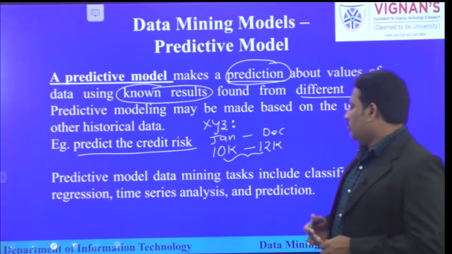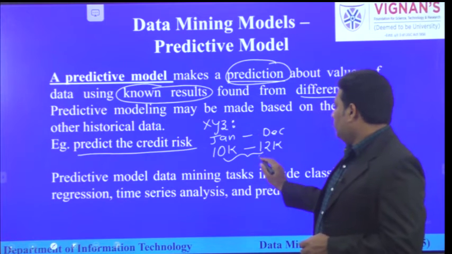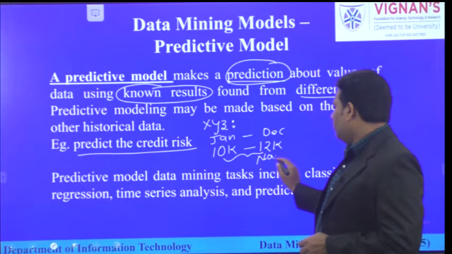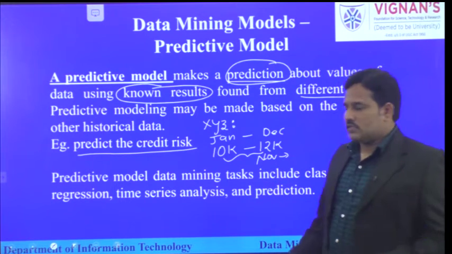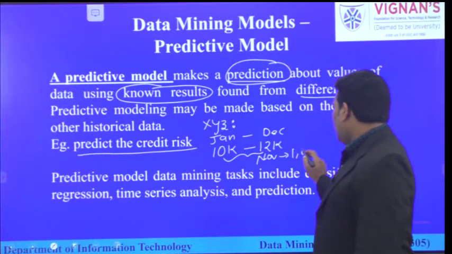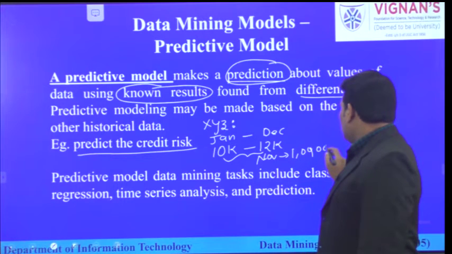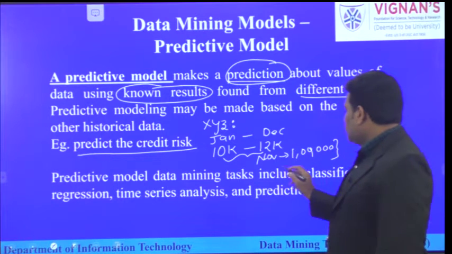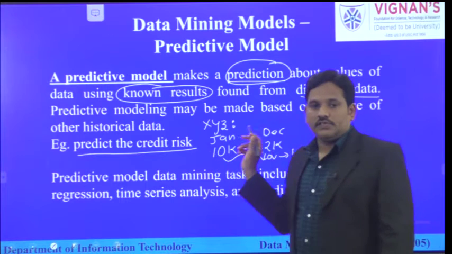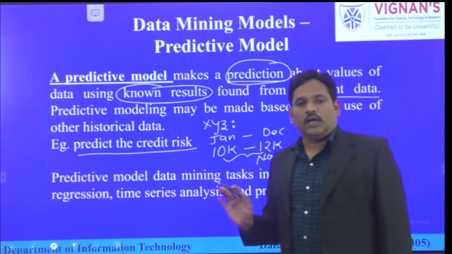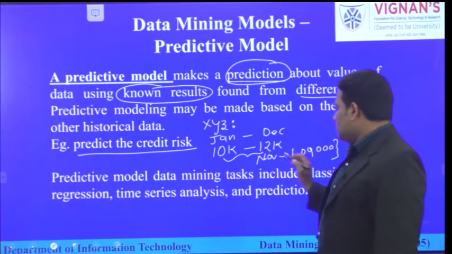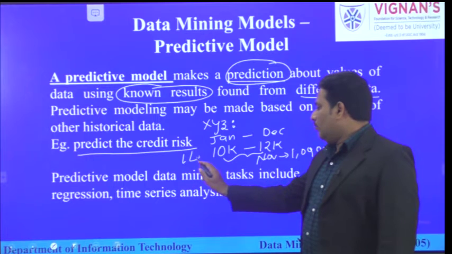Let us take one abnormal case. In the month of November, the shopping amount suddenly increased to 1 lakh rupees. Because the regular pattern of purchase is only 10,000 to 12,000, but all of a sudden the purchase amount increased to 1 lakh rupees in the month of November.